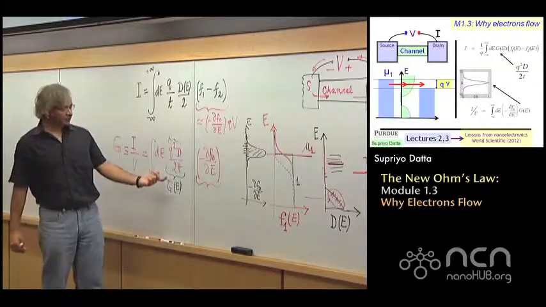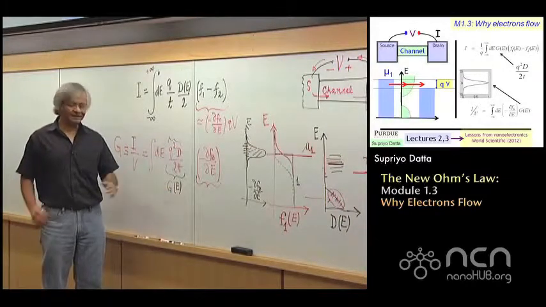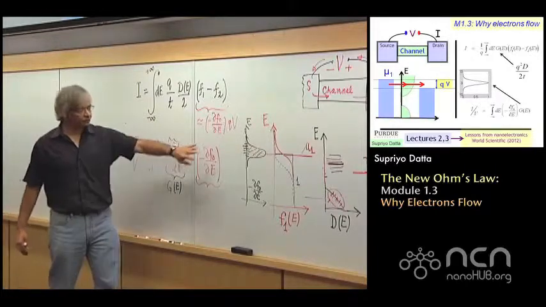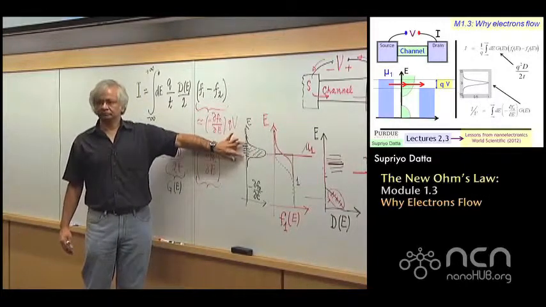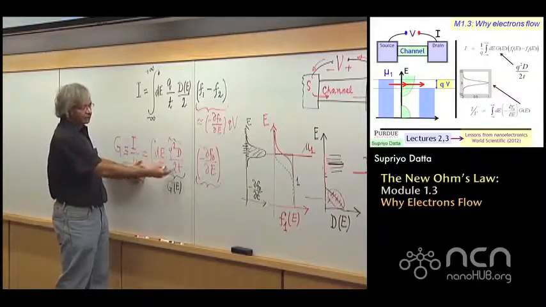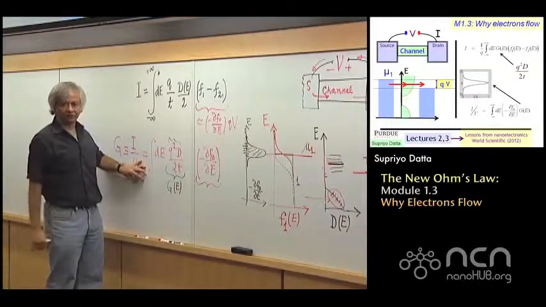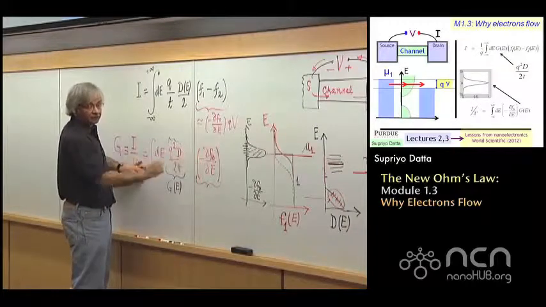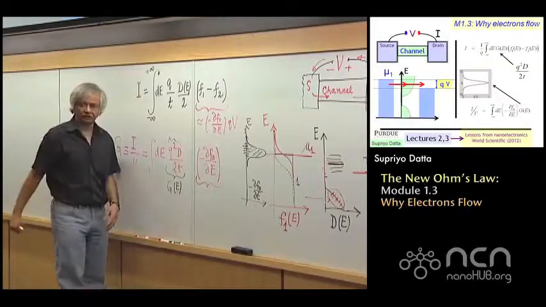So, for example, if this conductance were essentially constant over this entire window, then you could have pulled this out of the integral and what is inside would have just been 1, because as I mentioned, the area under that curve is 1, and then that would be the conductance.